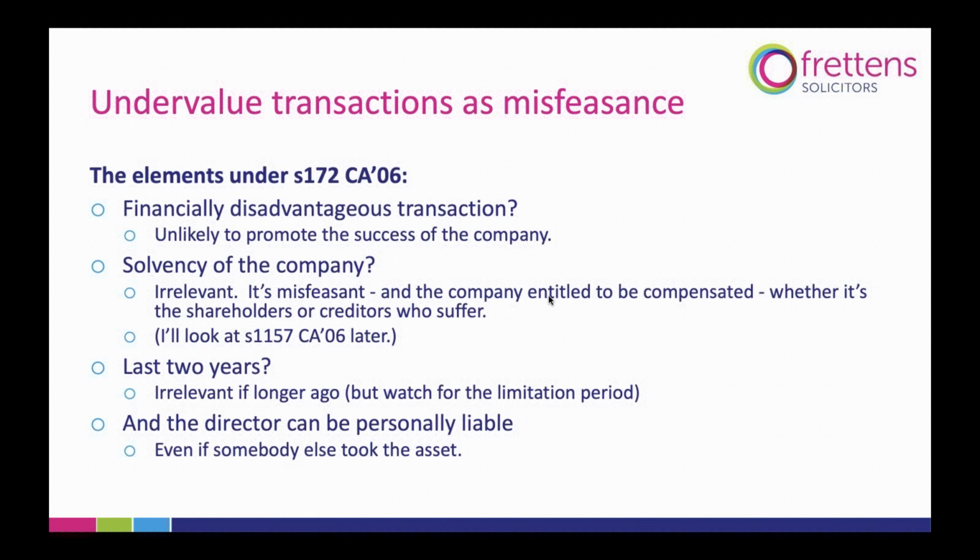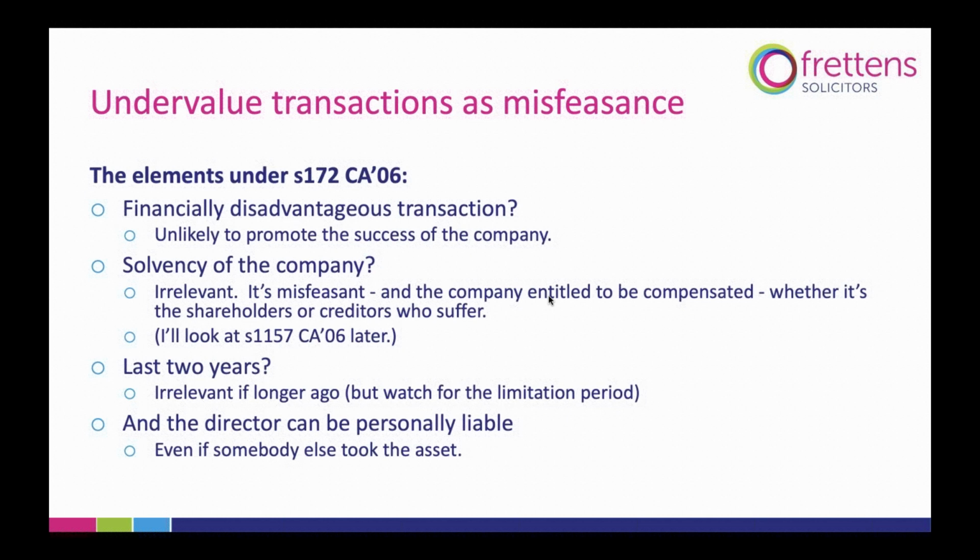And the transaction has to have been relatively recent before the company went insolvent, so in the last couple of years before you were appointed. Now, again, we'd be looking at section 172 as the Companies Act alternative to bringing a claim for a transaction at an undervalue. This duty for the director to act in good faith to promote the success of the company.